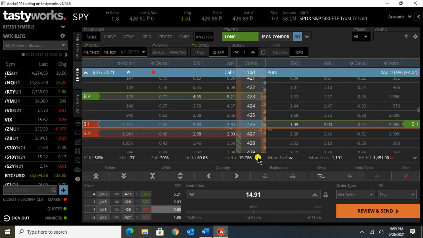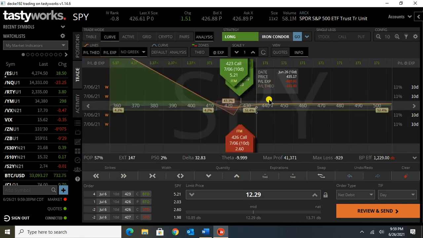So if, let's say, I sold another 426, now I have 4 long calls and 4 short calls. You can see that it caps my upside. So on my upside, once it gets up to the short leg, it flat lines. But it reduces your risk, and it reduces your max loss at the valley of death, and that's what you're looking for. You're not trying to maximize profits.